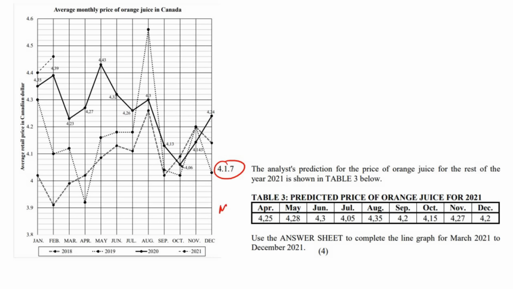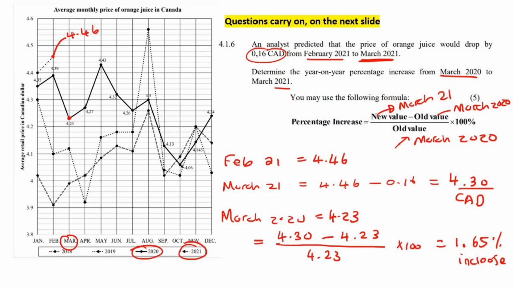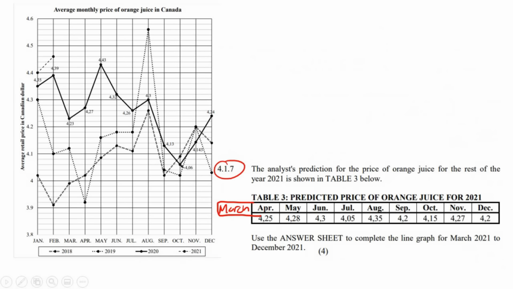Remember, we worked out March in the previous one, which was March 2021, which was 4.30. Okay, use the answer sheet to complete the line graph for March 2021 to December 2021.